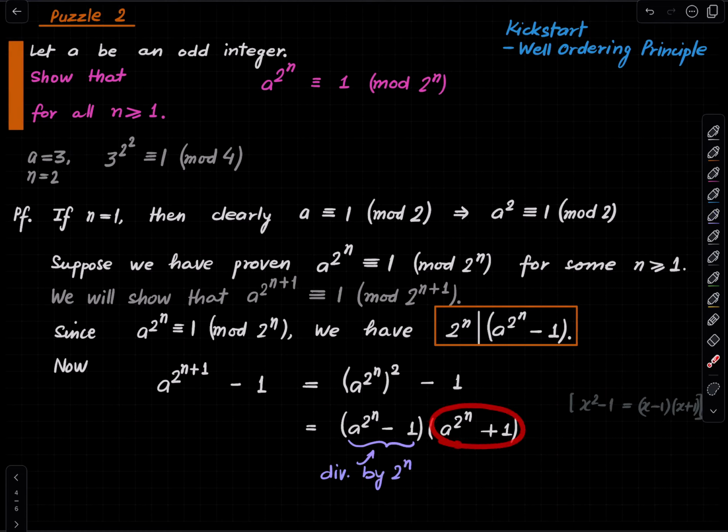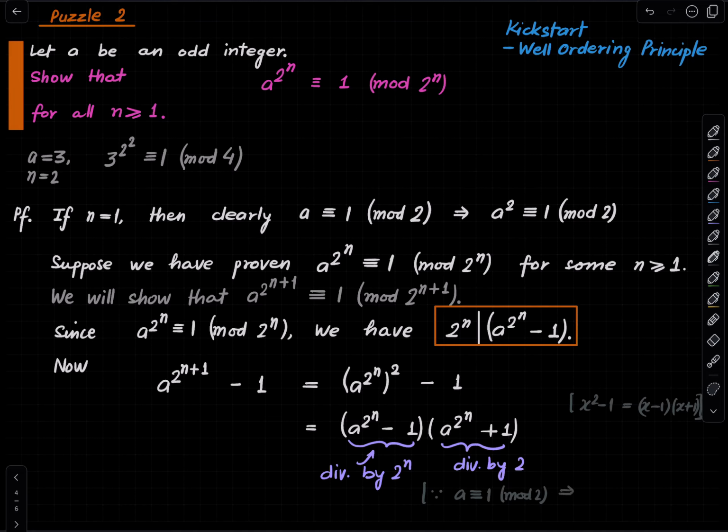And this is divisible by 2. Why? Because a is congruent to 1 mod 2. So yeah, because a is odd, we know this.